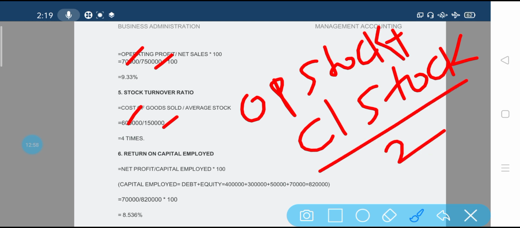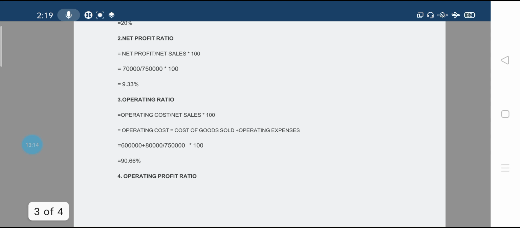The closing stock is there in the balance sheet and the opening stock is in the P&L account. If we add this, we will get 1,50,000. Let's see.